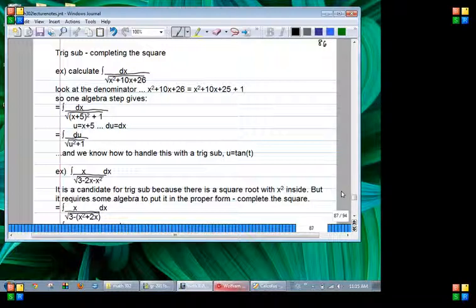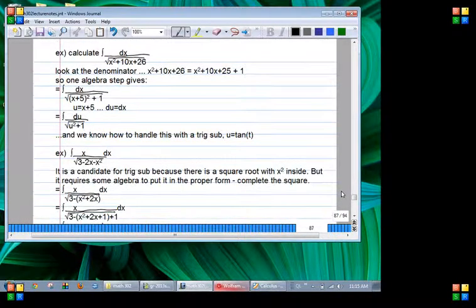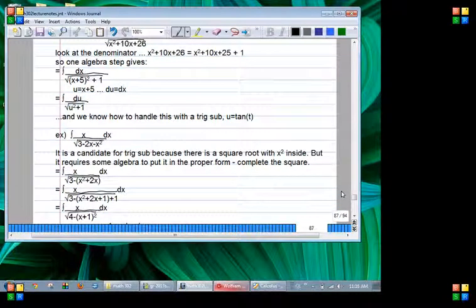So we stick a plus 1 inside the parentheses. Putting a plus 1 inside the parentheses, since there's a minus in front, is really like subtracting 1. So to make up for that, you have to put a plus 1 on the outside. So now we've completed the square because that is just x plus 1 squared. And then also collect the constant terms on the outside, that just gives you 4.